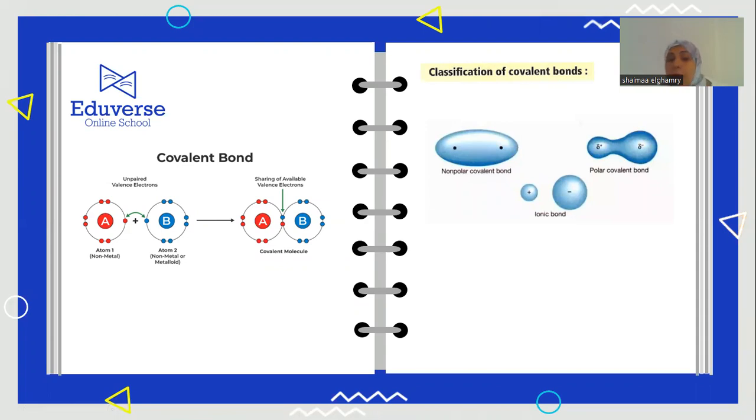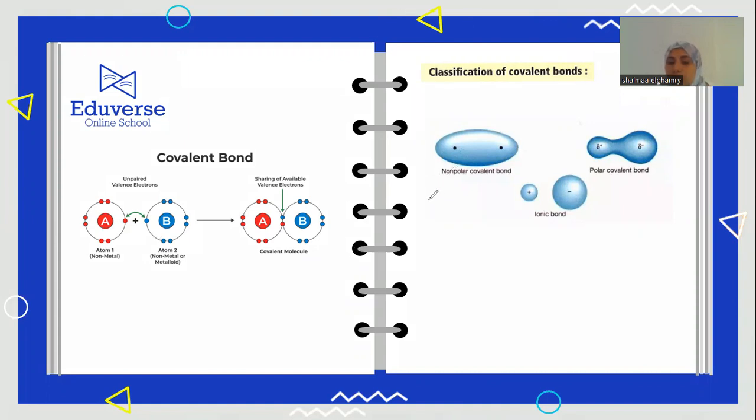The pure covalent bond means the difference in electronegativity between them equals 0. In a non-polar covalent bond, the difference in electronegativity between the two atoms is from 0 to 0.4.